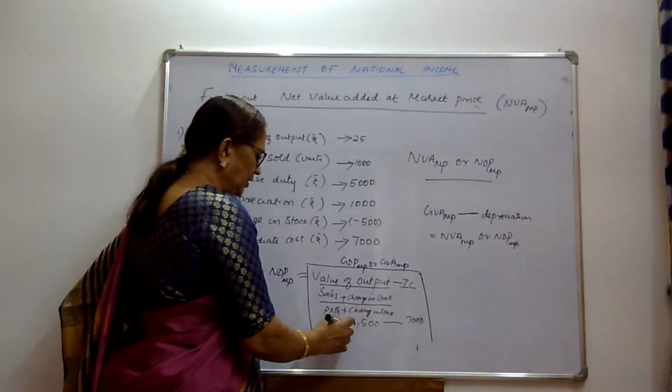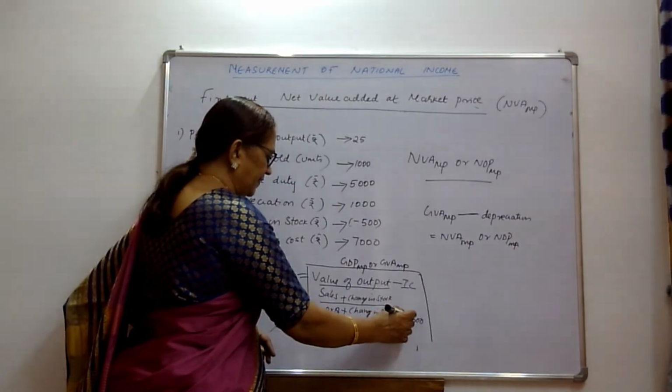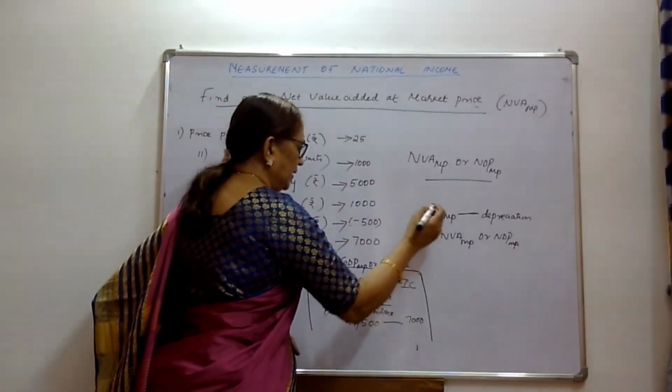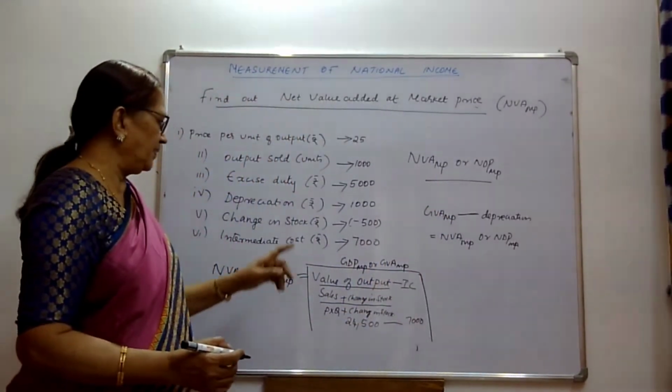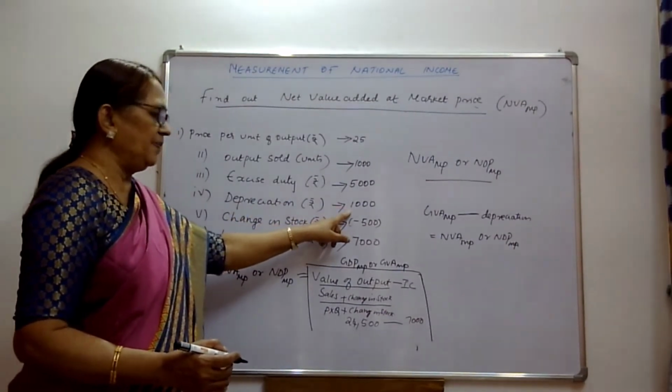So, 24,500 minus 7,000, we get gross value added at market price. From that we have to deduct depreciation cost.